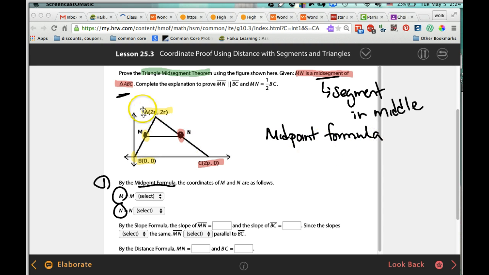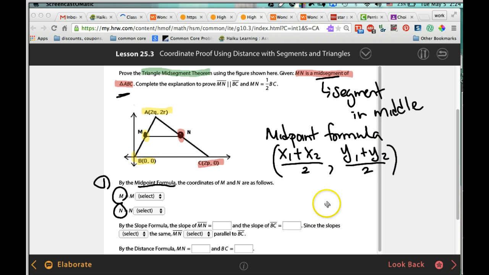All you have to do is add the two x's and then divide by 2. So x sub 1 plus x sub 2 divided by 2. What that means is you're going to find the x value for group 1 and x value for group 2, and then you're going to divide by 2. Then you're going to do y sub 1 plus y sub 2 over 2.